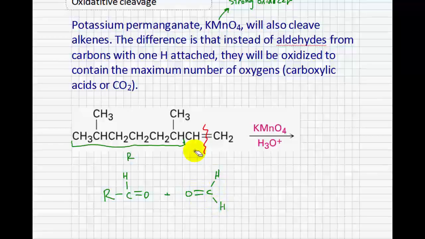This was a terminal alkene, so there were two hydrogens on the end of that double bond. As a first step, we just cleave it, much like ozonolysis would. In fact, I'll call those the ozonolysis products.